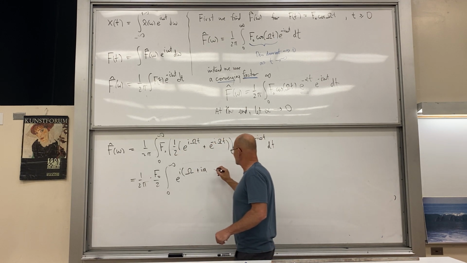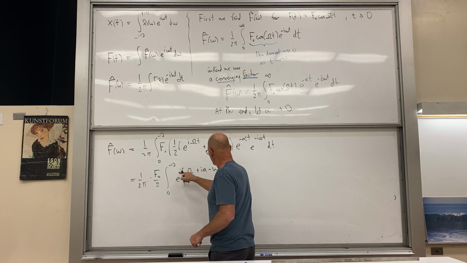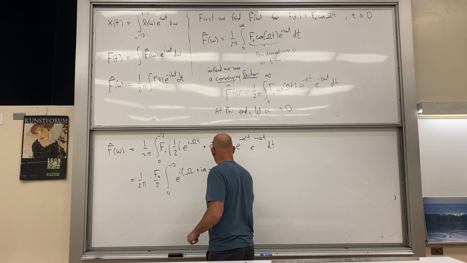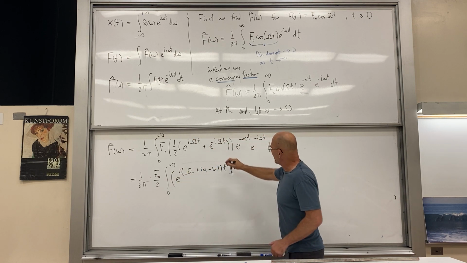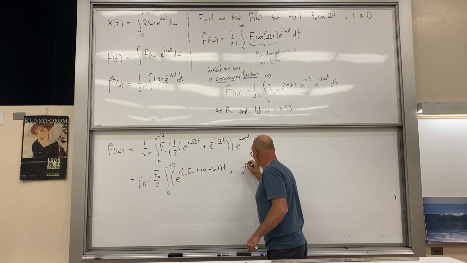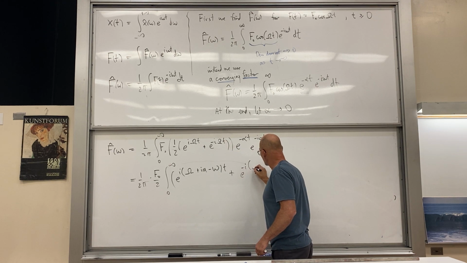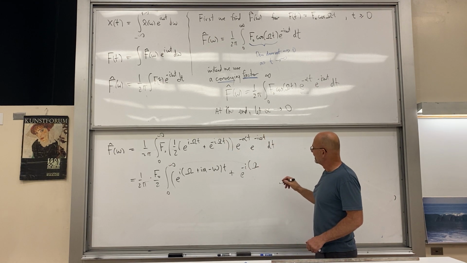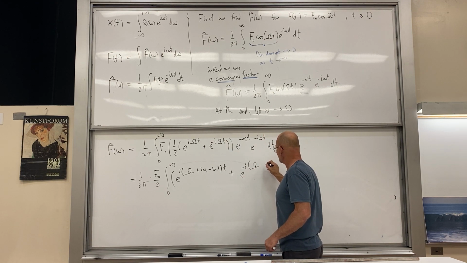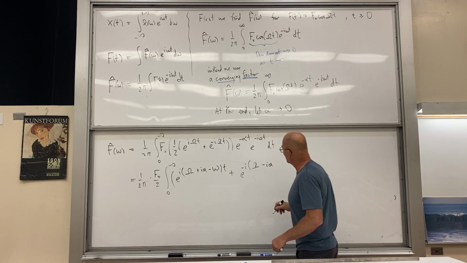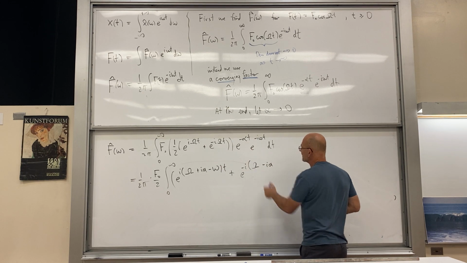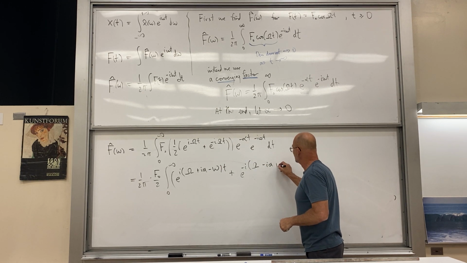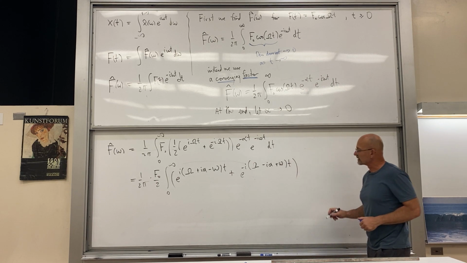And then minus lowercase omega t. And for the second one, we have e to the minus i, capital omega, and then minus i alpha this time, because minus i times minus i is minus 1, minus i alpha t, and then plus omega t. So we do that integral, dt.